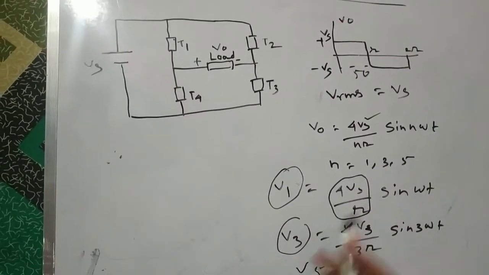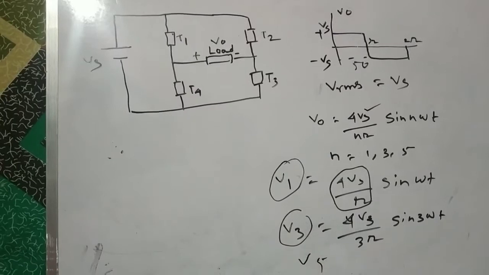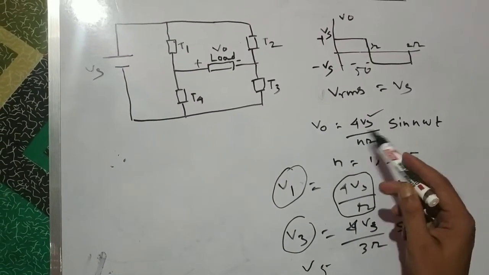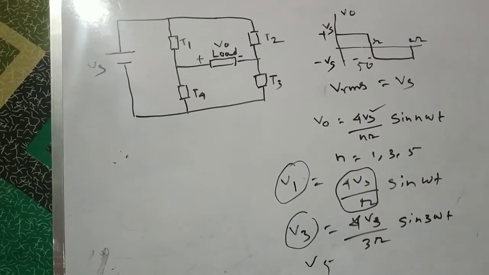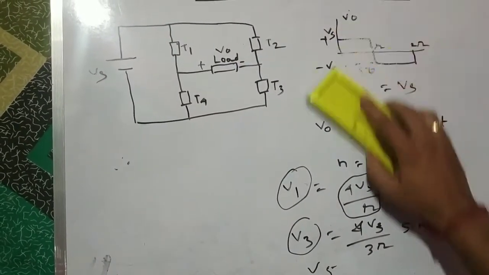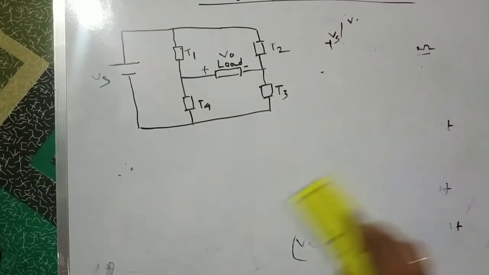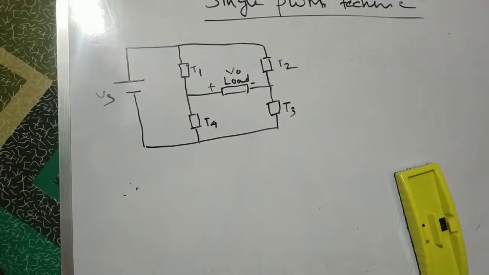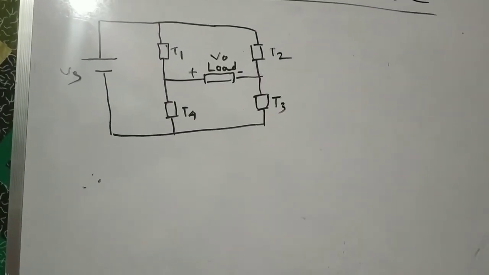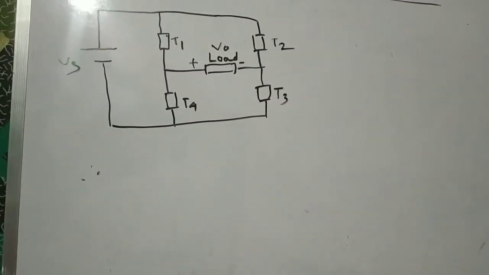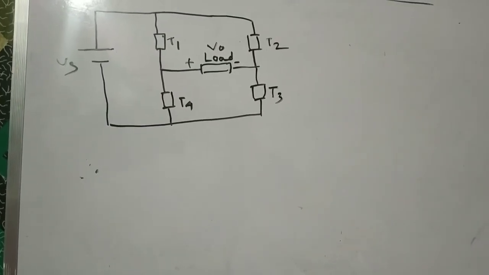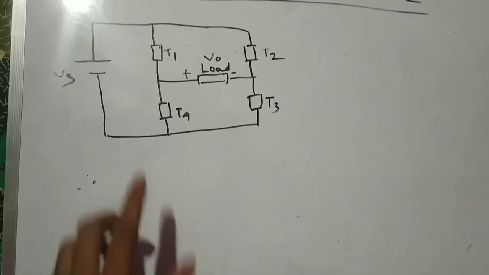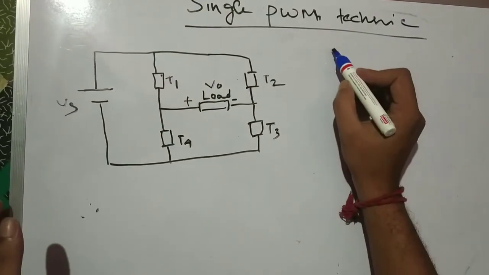Now we will see how we can control the output voltage of this inverter. For single pulse width modulation, we use a reference and a carrier signal for the switches.